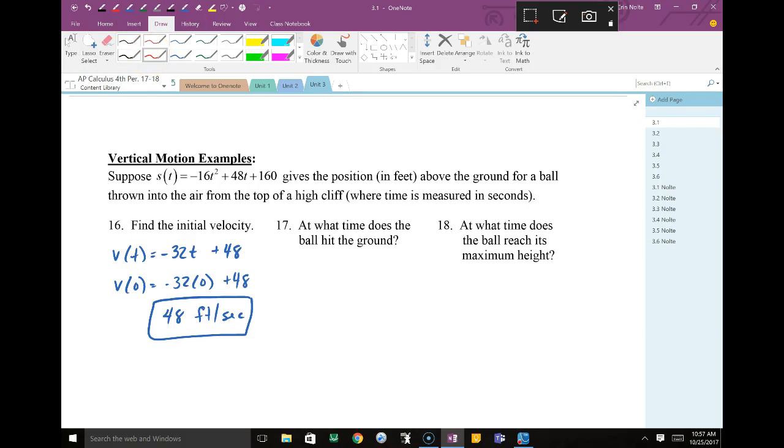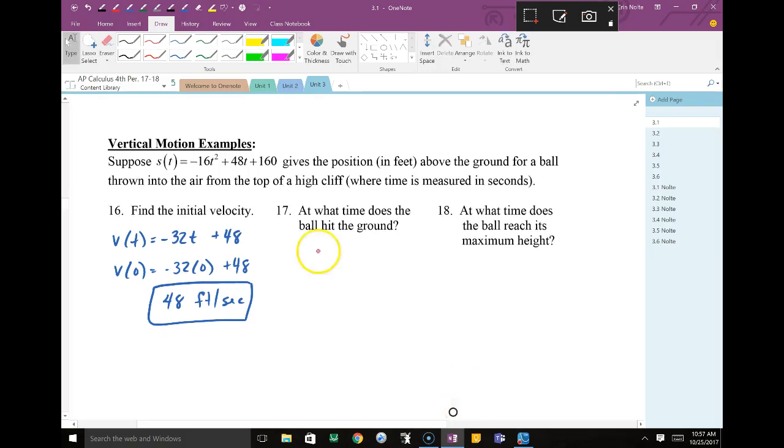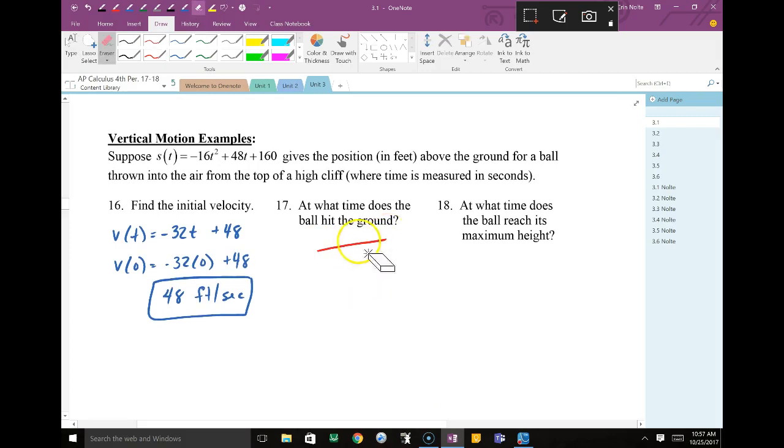Well, we know when the ball hits the ground is when the height is 0. So we're going to use the position function. All we're going to do is set our position equal to 0, because that's our height. Our height is equal to 0.